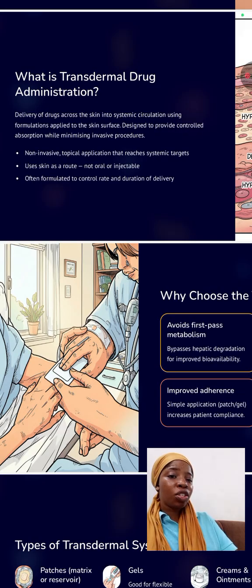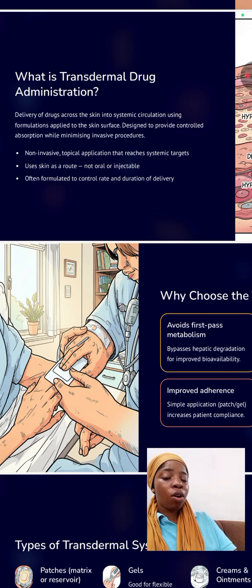It is designed to provide controlled absorption while minimizing invasive procedures.